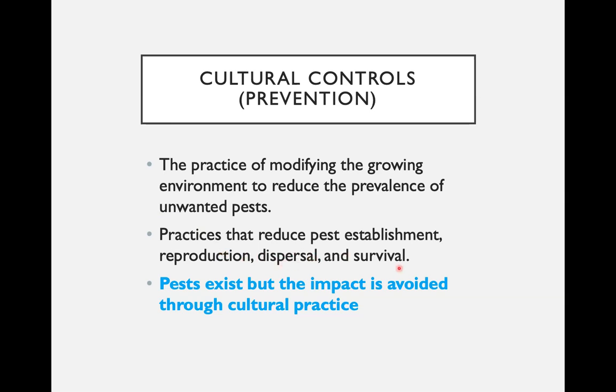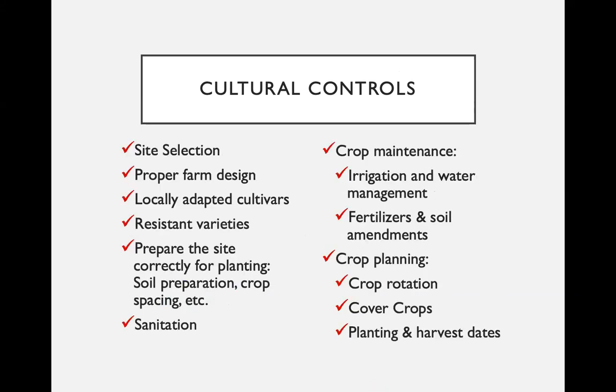This type of control also means setting up our crops to be healthy and successful so that they can adequately defend themselves against these pests. So we're setting up our plants to be successful. Cultural controls, prevention, or cultural care all mean the same thing. They can take lots of different forms, as you can see on the slide here.